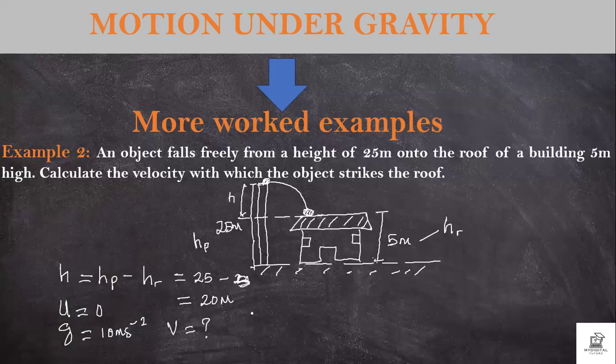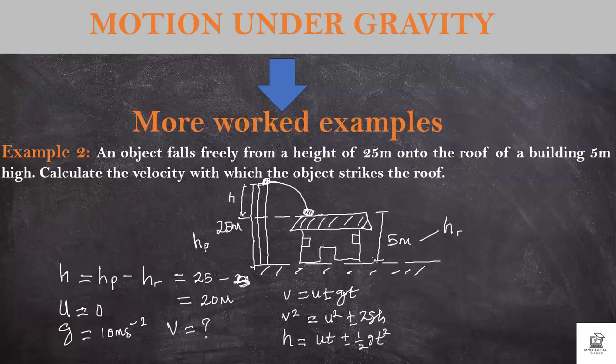After doing this, we ask ourselves, which of the three equations of motion under gravity should we apply in this question? We have v is equal to u plus gt, we have v squared is equal to u squared plus or minus 2gh, and we have h is equal to ut plus or minus half gt squared.